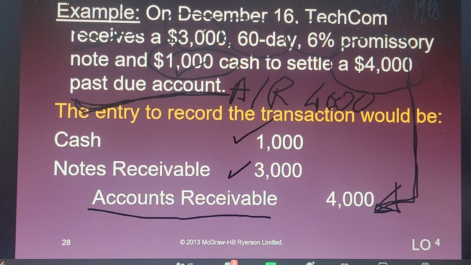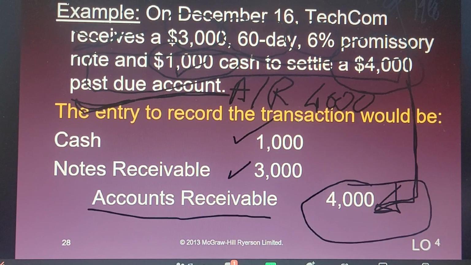Okay, so this can be just said we received a 3,000 promissory note without this. But this is a case when we already have accounts receivable, and I'm receiving, opposite to it, notes receivable.